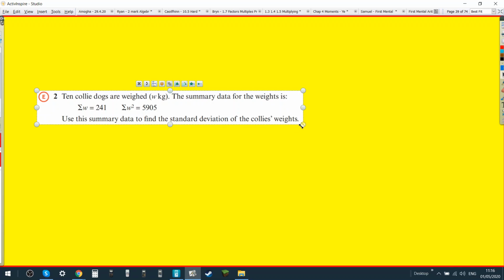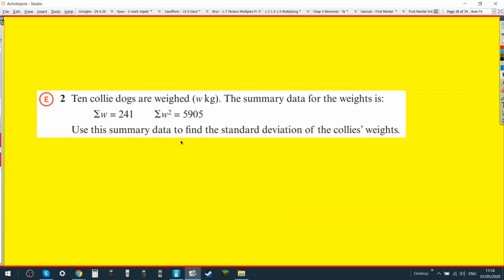A lot of the time they summarize the data down for you, so they don't give you raw data, they give you summary data. How do we do this?